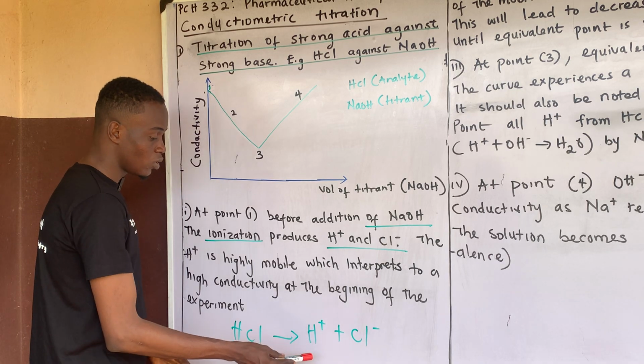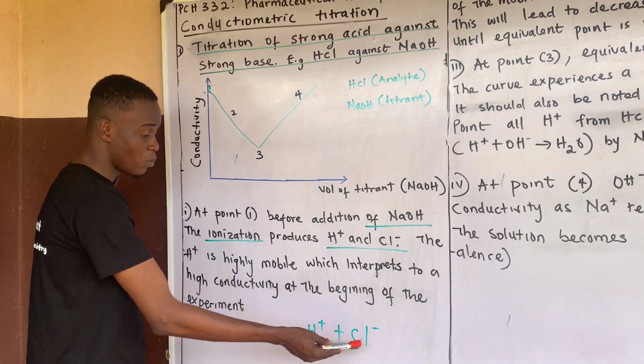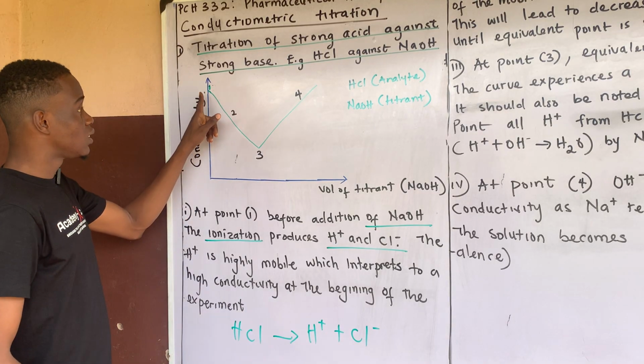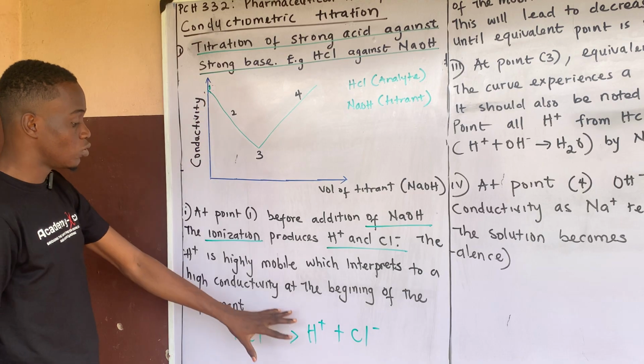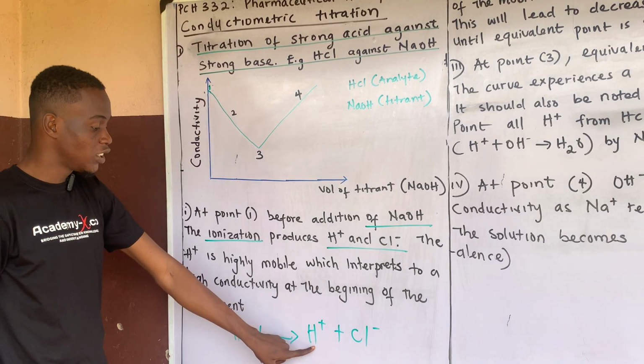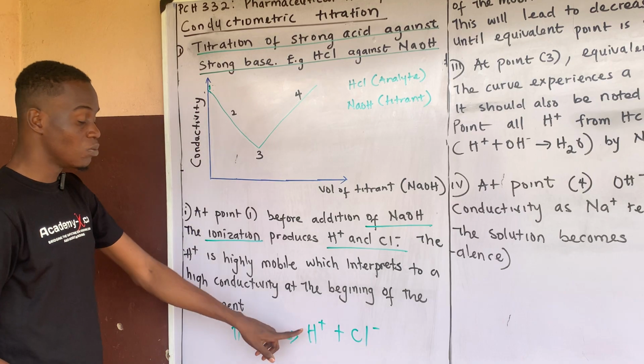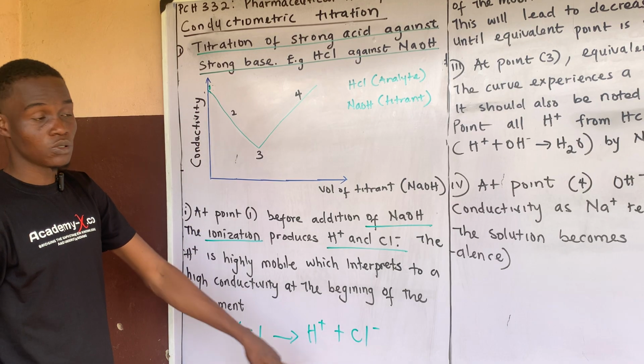Because H plus has a lower mass compared to chloride ion, it will have the highest conductivity. So this gives the solution a very high conductivity because of the H plus. That's the dominant ion in the solution.